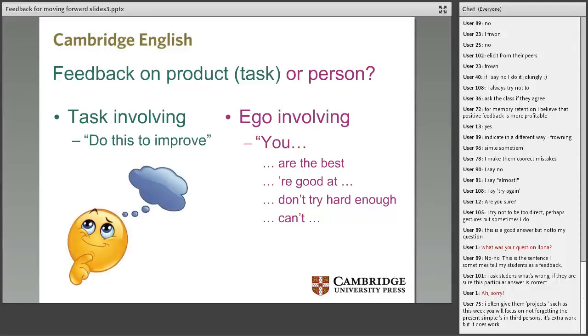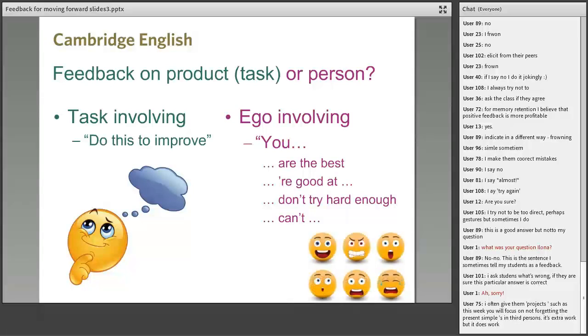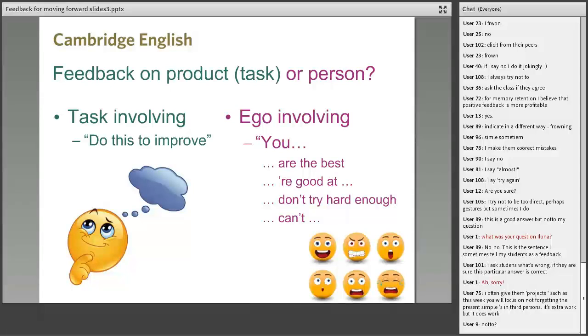And the effect of this is the task involving makes them think, whereas the ego involving very often makes them have an emotional response. And that can be dangerous. Even with the good ones, if you say to somebody, you're the best, then they've got a long way to fall. They might not take risks because they want to stay the best.